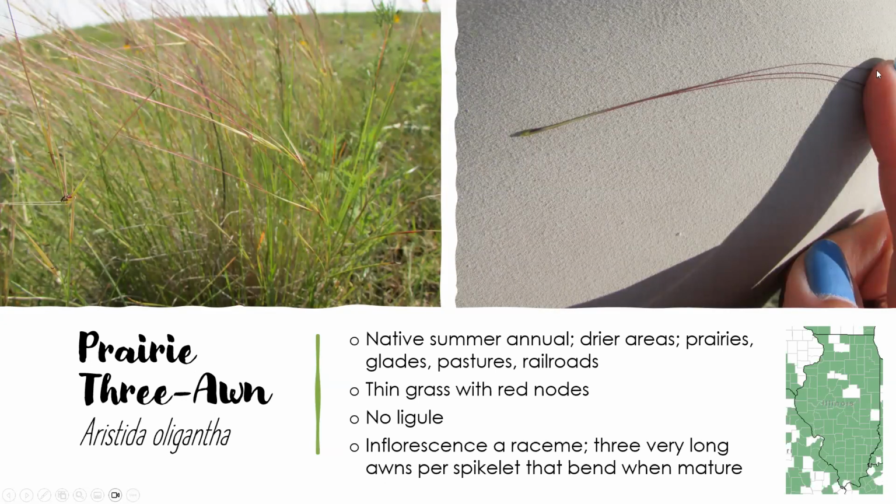They're kind of red in color, but as the grass dries and matures, these awns would bend in half and be at a right angle to one another. It takes on a different look. I found this one in higher quality glade habitats, those drier, exposed limestone prairie habitats where I've seen this one before.